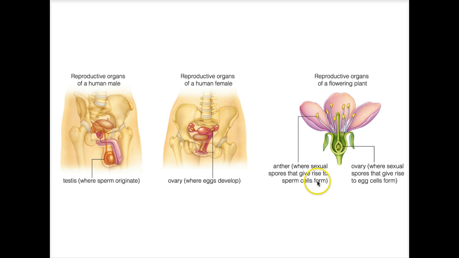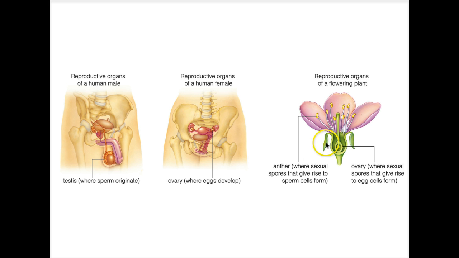So the male parts of the flower, this part would be the filament, and that would be the anther. In the anther, there are certain specialized cells that are going to undergo meiosis to produce sperm. And then in the central part of the flower, all the way down into what's known as the ovary, you will have the egg, the female gamete, being formed through meiosis.